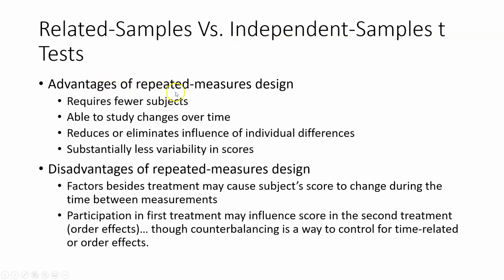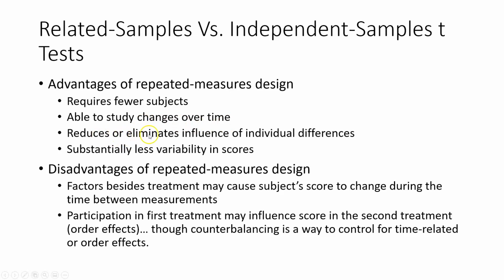There are certain advantages of repeated measures designs. That's what we're talking about in this module. They require fewer subjects. You can do it with less people. You're able to study changes over time, so you can track what happens if you have the same people before and after treatment.